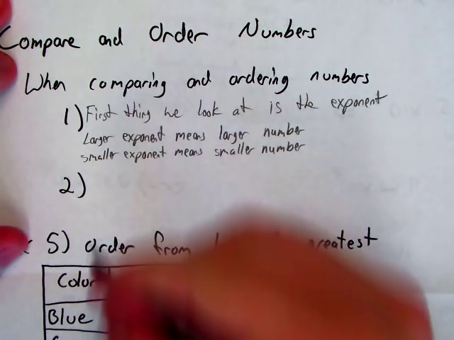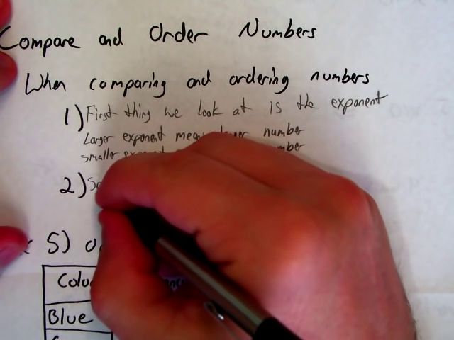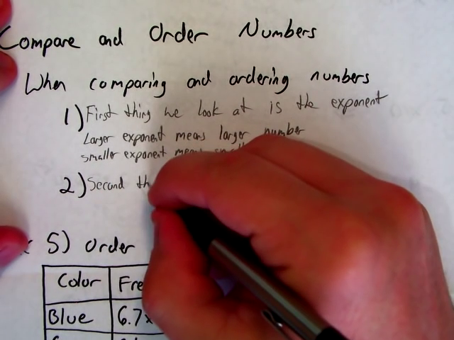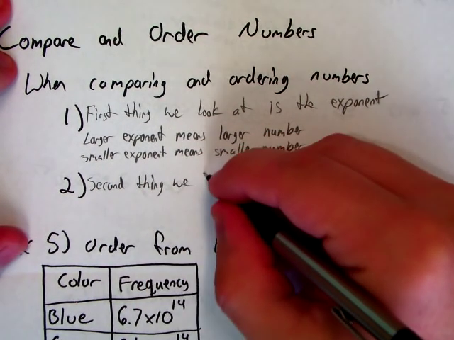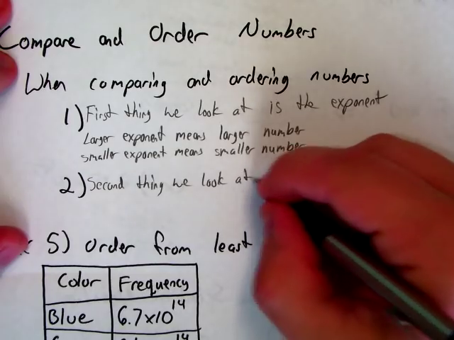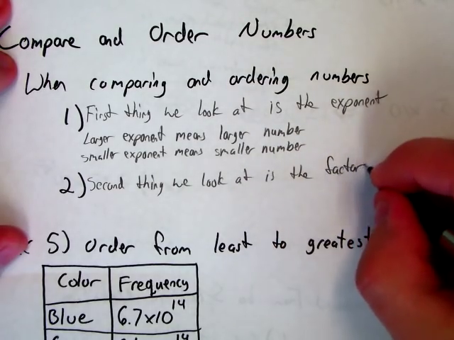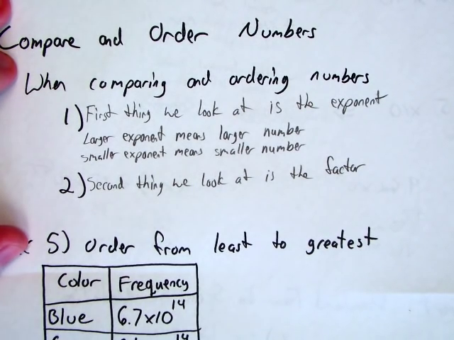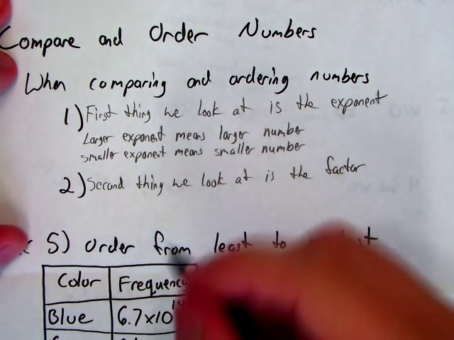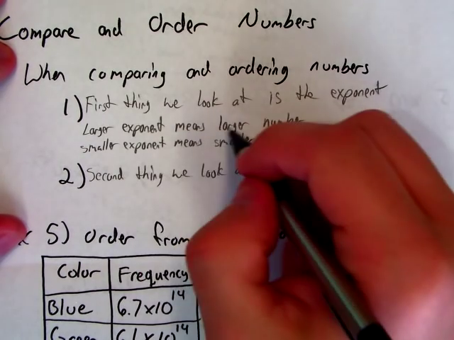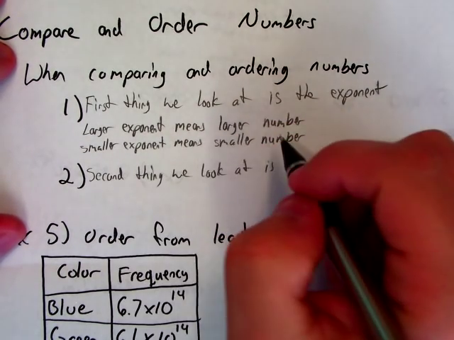We want to order them based on their exponents. Second thing we look at is the factor. Remember, that's that number out front of the power of 10. Same thing. Larger factor means larger number.